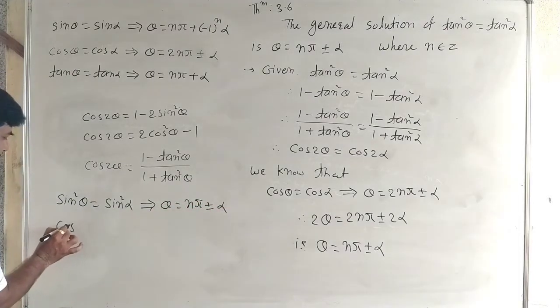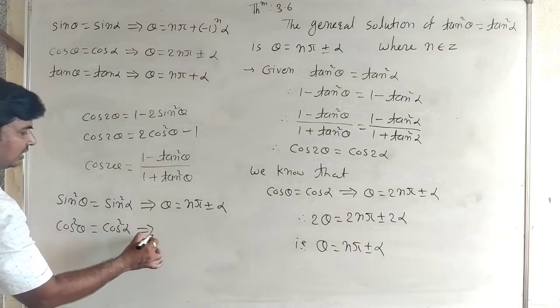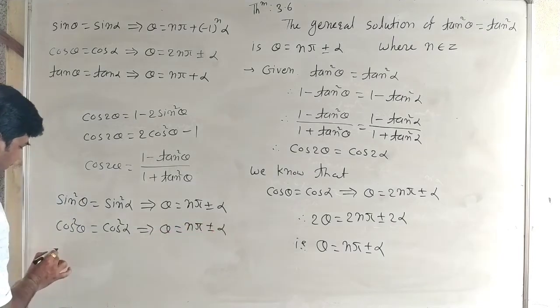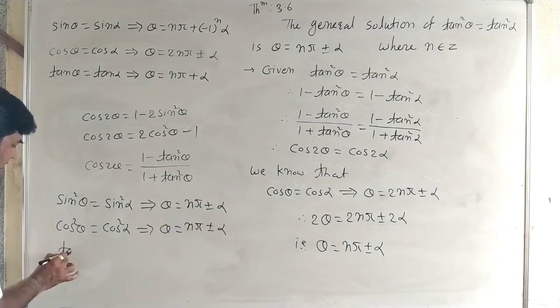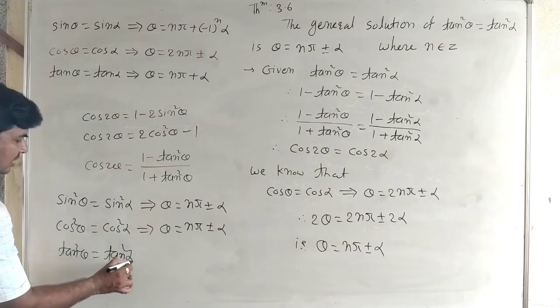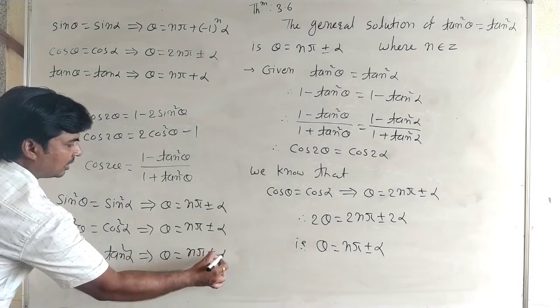Cos square theta is equal to cos square alpha. Then theta is equal to same n pi plus or minus alpha. Then tan square theta is equal to tan square alpha. Then theta is equal to n pi plus or minus alpha.